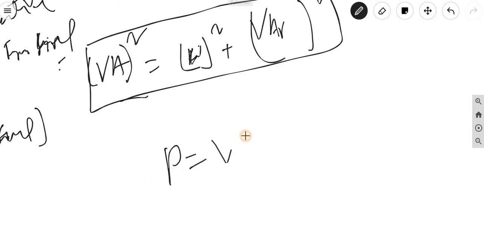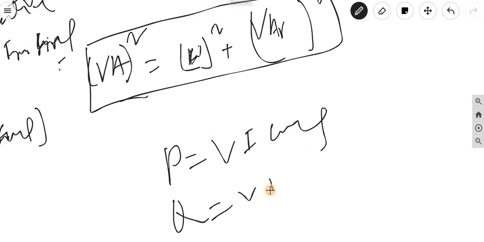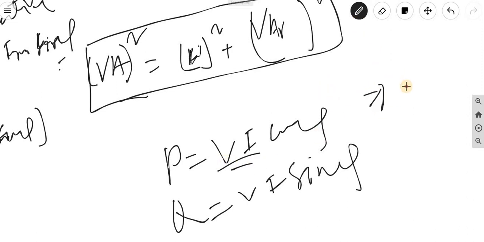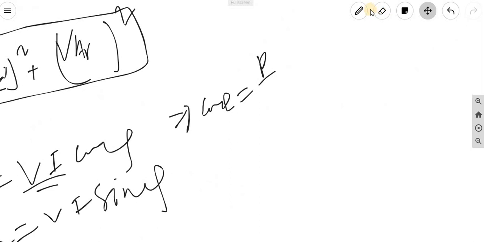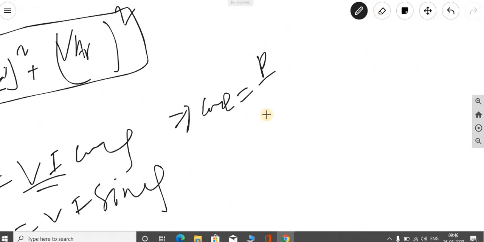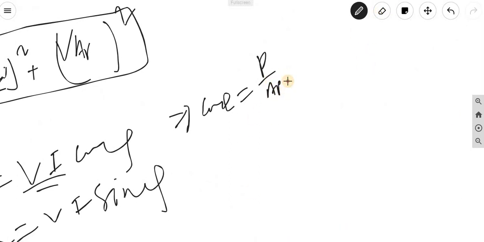P is VI cos phi, Q is VI sin phi, and VI is the apparent one. So from here we get cos phi is P by S, where P means active power and S is the apparent power.